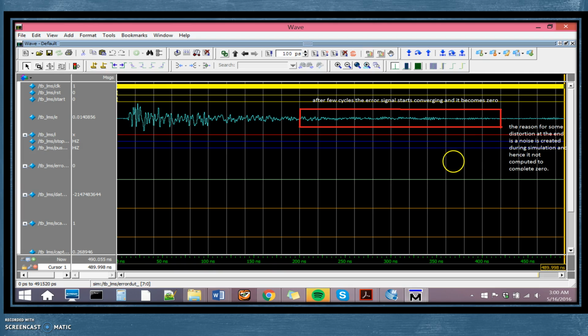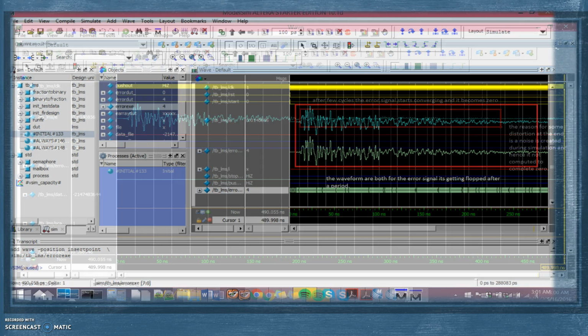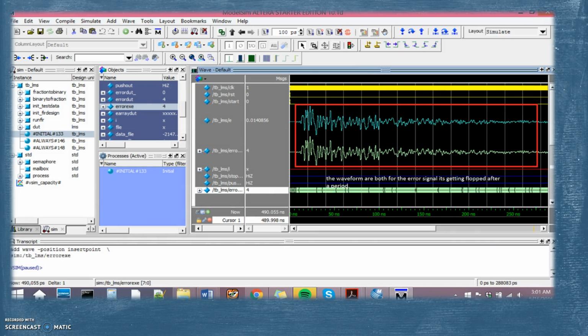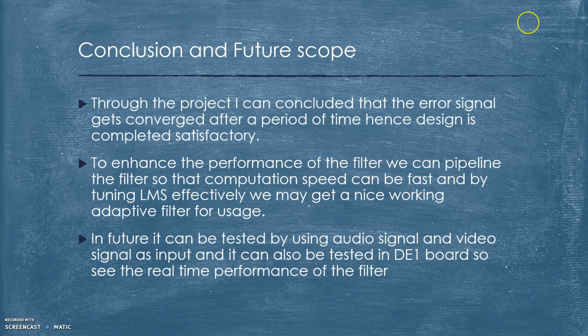If it is not getting converged into zero, that means there is some issue with the adaptive filter or with the design. Hence, with the working of my design currently, eventually after a period of time, it is getting zero. So we can conclude that it is completed satisfactorily as it has converged to zero after a certain period of time.